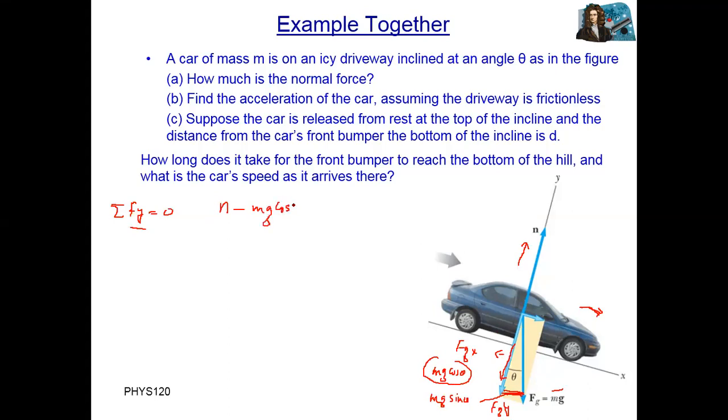So we will take this one as negative, and the sum is equal to 0. How many forces are along the x-axis? This body is also moving in the x direction, so there is acceleration a_x. So the sum of all forces along the x-axis is equal to m a_x, where a_x means acceleration along the x-axis.